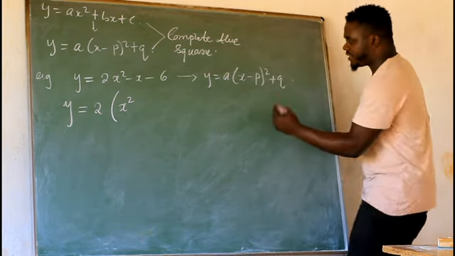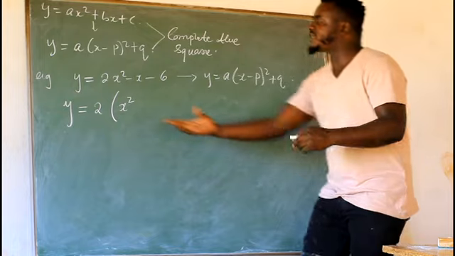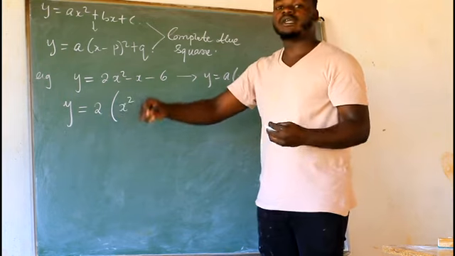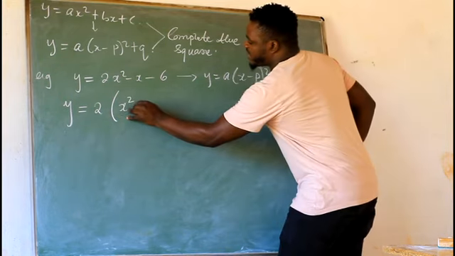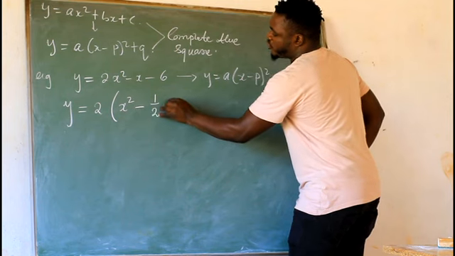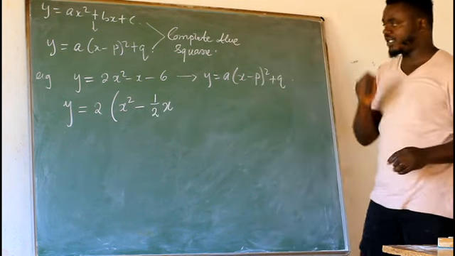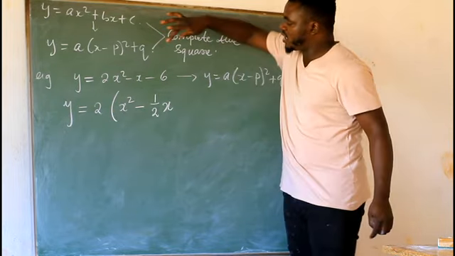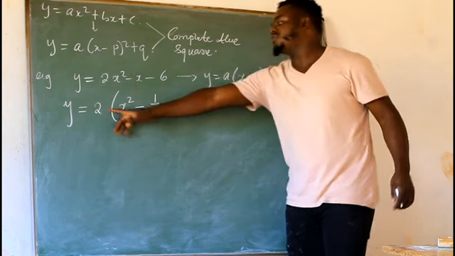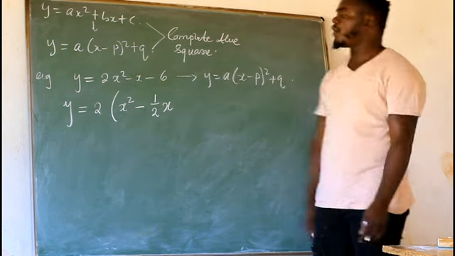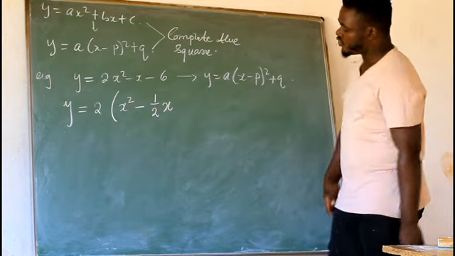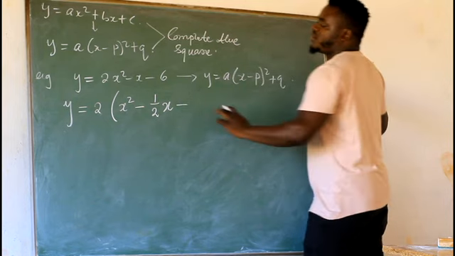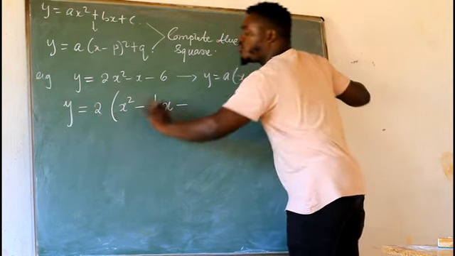This is very simple: you multiply by the multiplicative inverse of 2, which is 1 over 2. Then it's going to be negative 1 over 2 x. Just introduce that negative. You need a number that you can multiply with 2 and get 6.